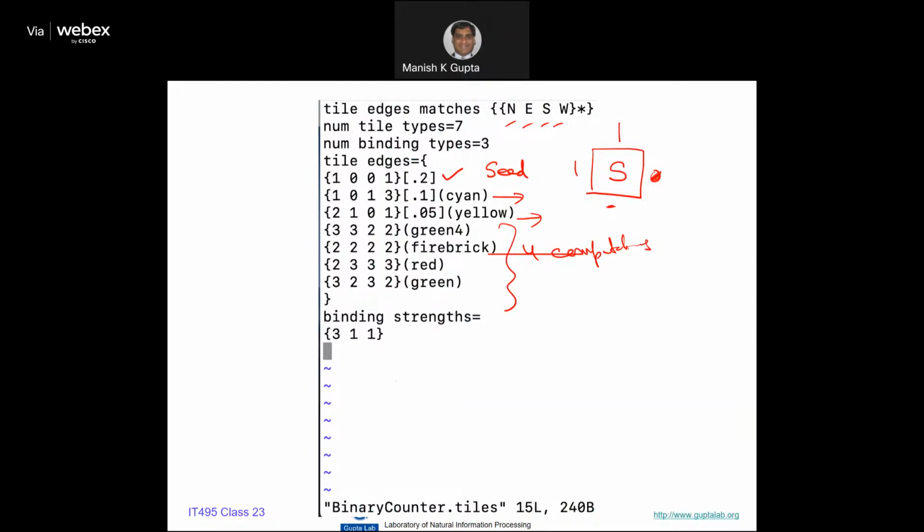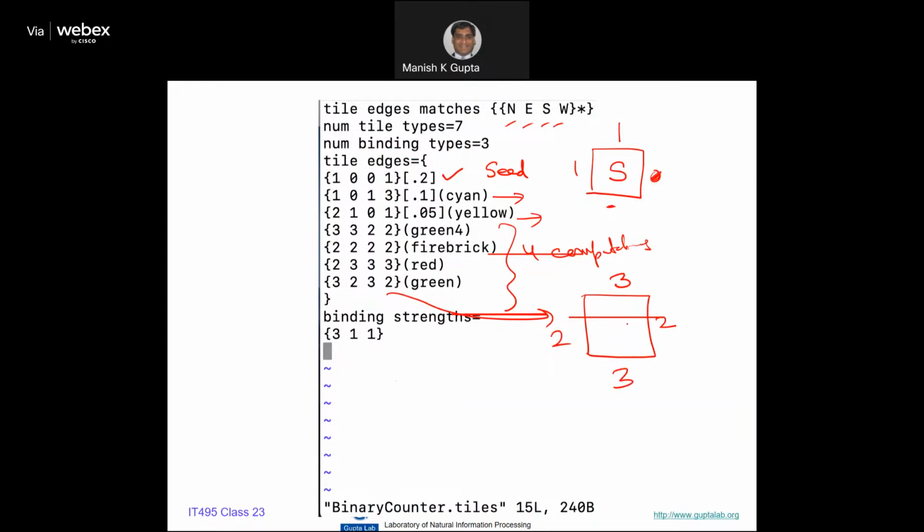The edges were either 0 or 1, 2 colors. Whether you use the symbols 0 or 1, or 2 or 3, that is up to us, right? For example, if I take the last tile, this will be what? North is 3, then east is 2, then south is 3, and this is 2.